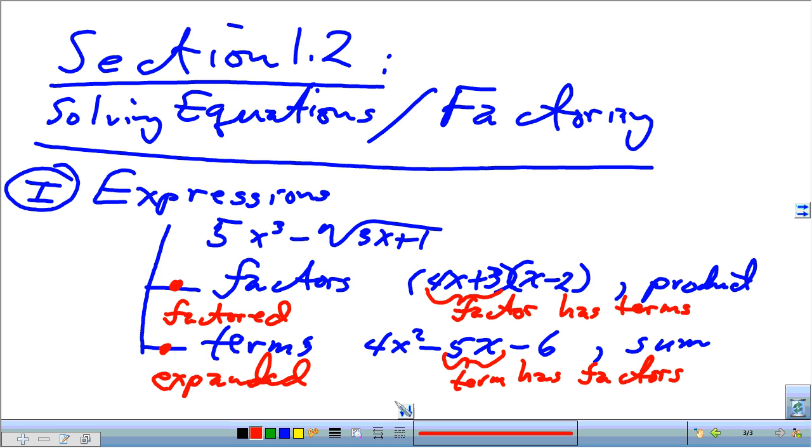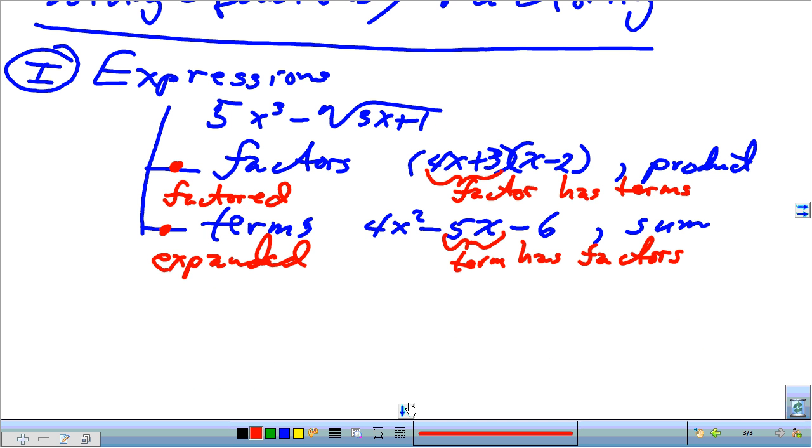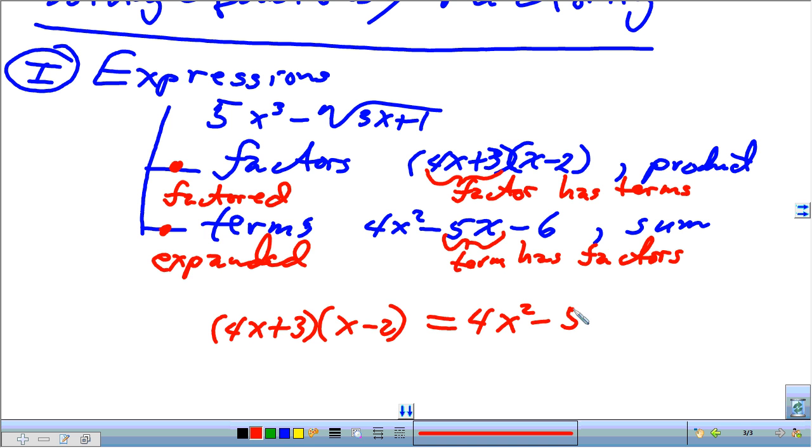Now, the factored expression here, 4x plus 3 times x minus 2, is actually equivalent to the expanded expression, 4x squared minus 5x plus 6. So, whether it's expanded or factored doesn't make it a different expression. It gives us a different form of the same expression.